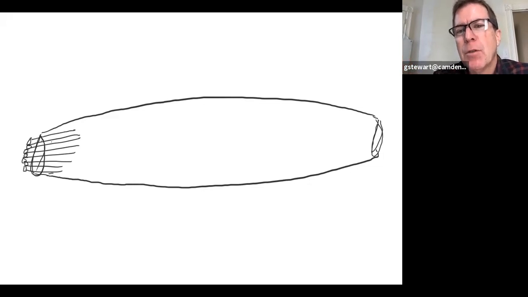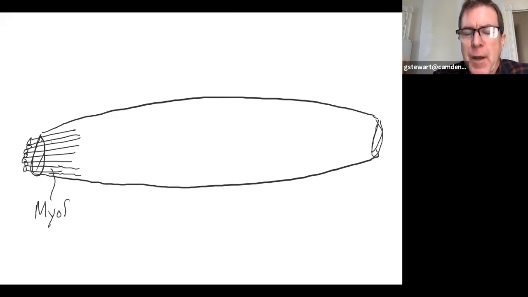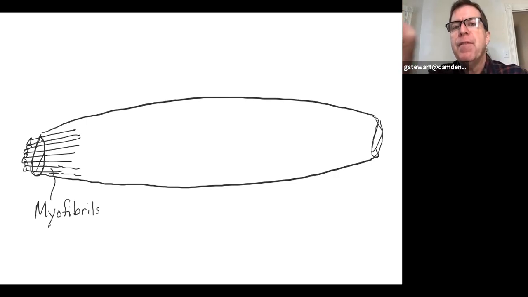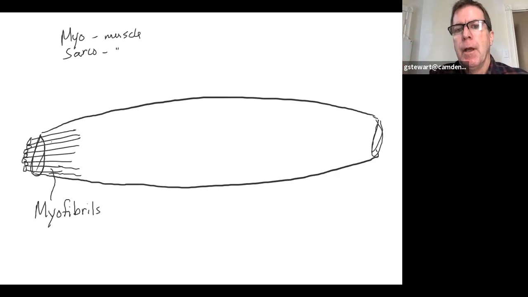But what takes up most of the space inside are these specialized organelles called myofibrils. The prefixes myo and sarco mean muscle. This just means technically really small muscle fibers.